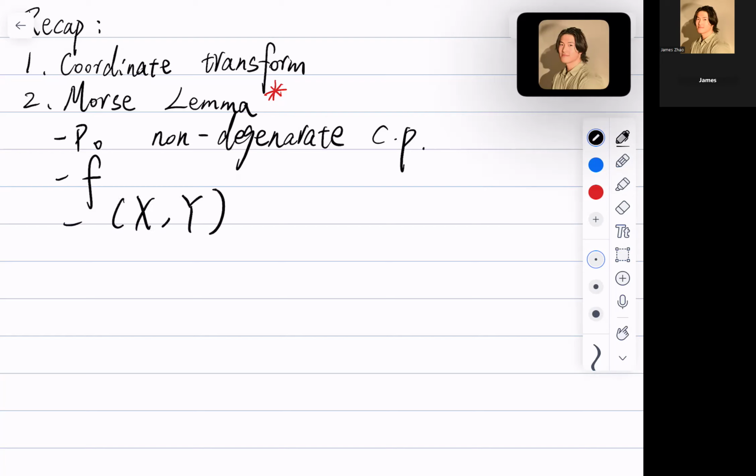I made that mistake in the last lecture, and it carried over. So this is what we're given. We can choose this in such a way that the function expressed with respect to big X and big Y takes one of the following standard forms.